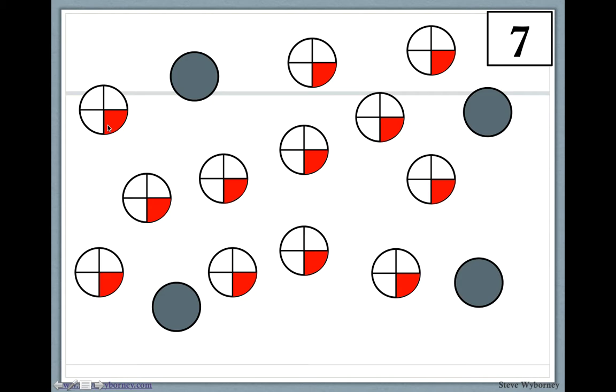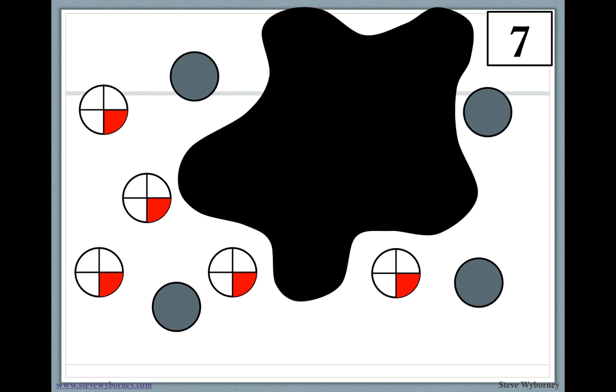I'm going to keep counting fourths. 5/4, 6/4, 7/4, 8/4, 9/4, 10/4, 11/4, 12/4. 12/4 is 3 wholes. So I have 4 and 3 is 7.